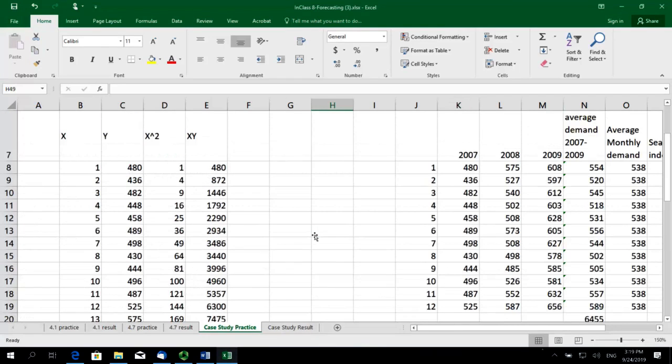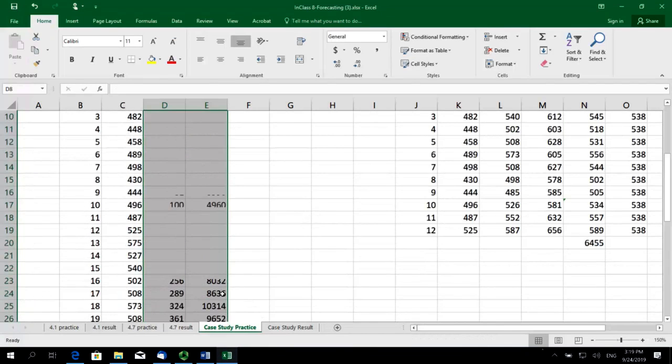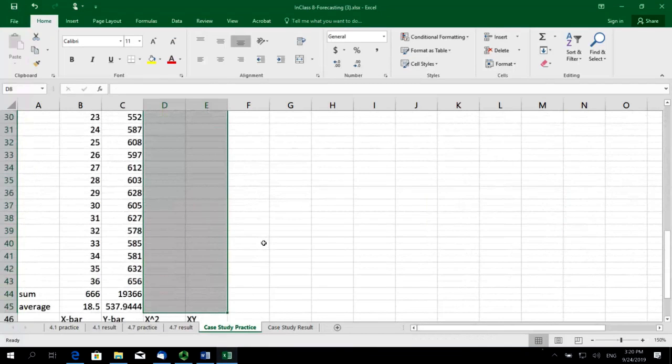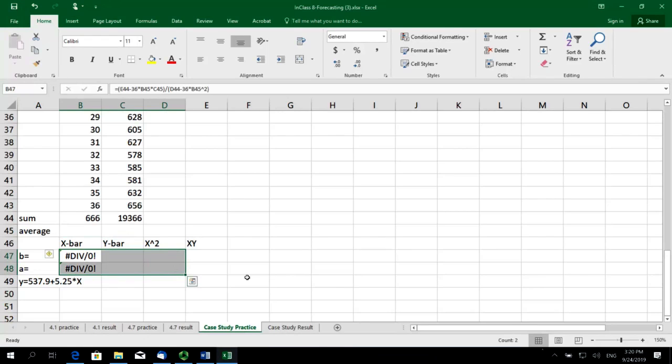For this one, I suppose I only let you remove this and remove the average. Now you want to fill out these blanks and find out what A is, what B is, and then figure out the linear regression line.